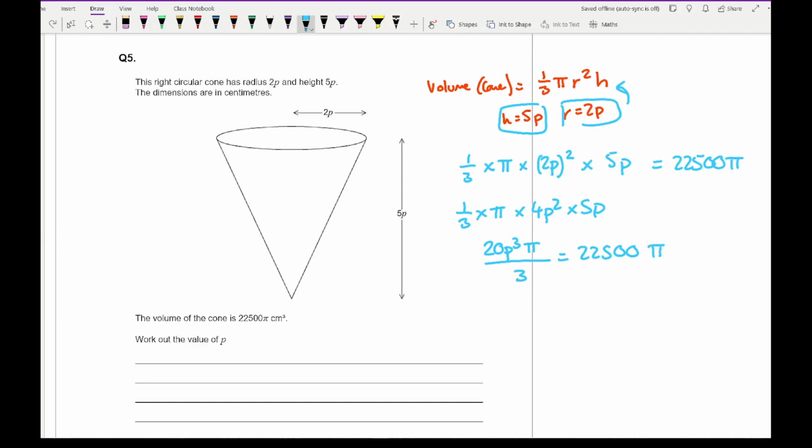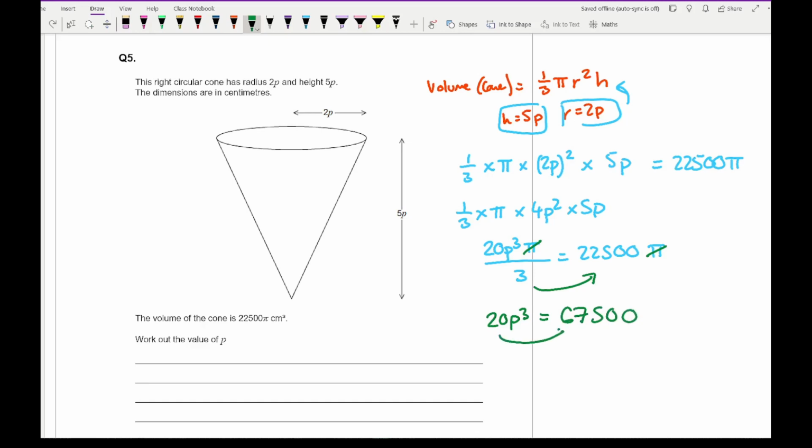22500 pi. And from this, what I could then do is cancel the pi's, because I've got pi on both sides. I can take the 3 over to the other side, so I end up with 20p cubed equals 22,500 times 3, which is 67500.